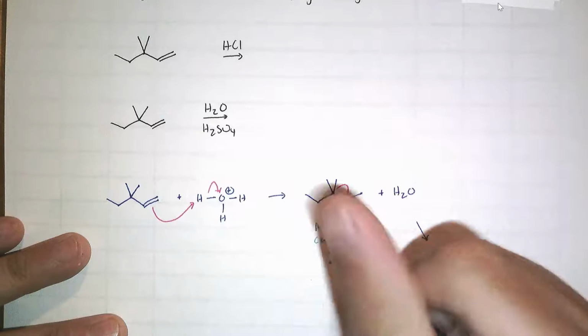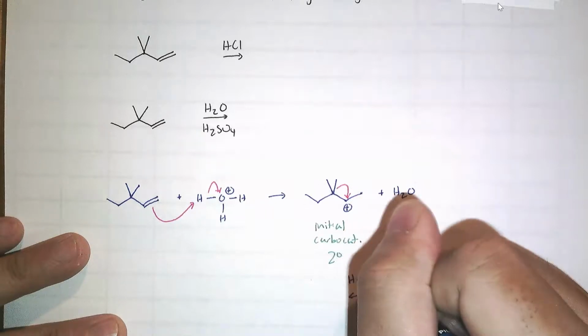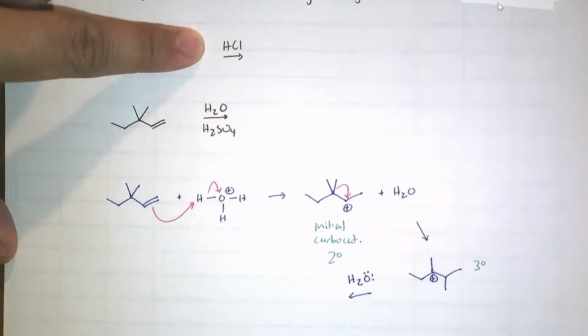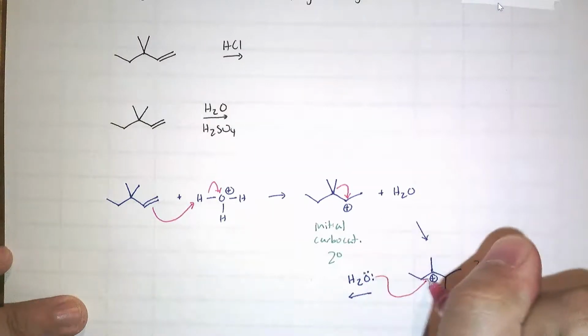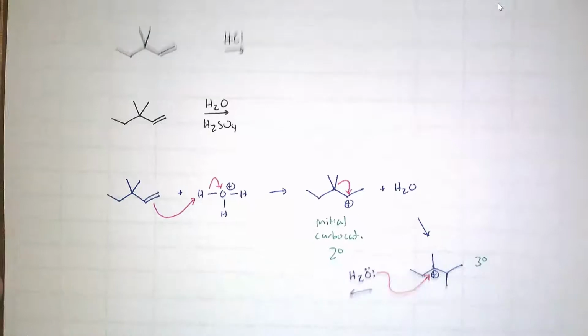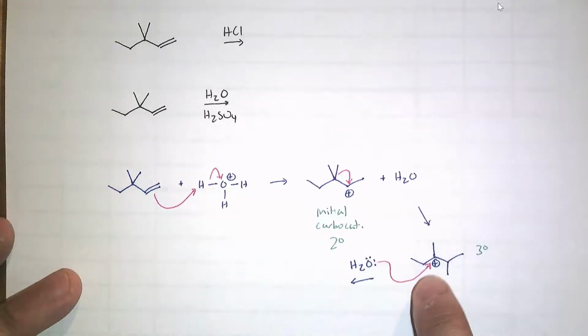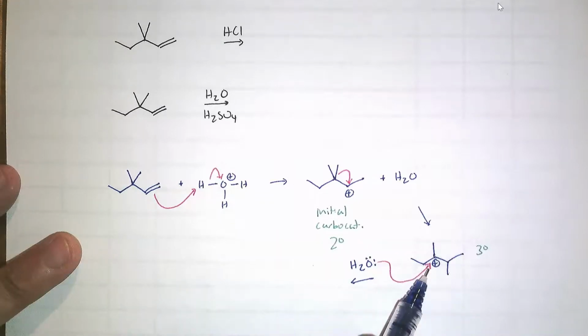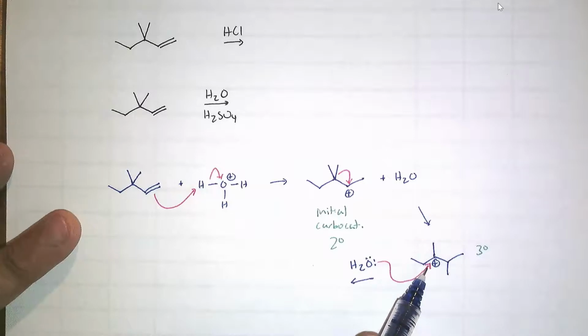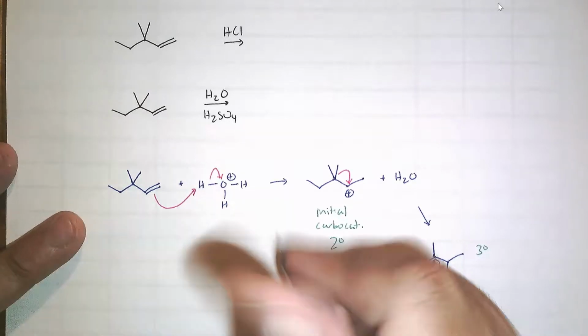The mechanism is a little bit longer than a hydrohalogenation because after this attack, try to make it clear for the grader which carbon you're adding the oxygen to. This is a little bit iffy, but I think it's just good enough to know that that arrow is headed for this carbocation. Okay.